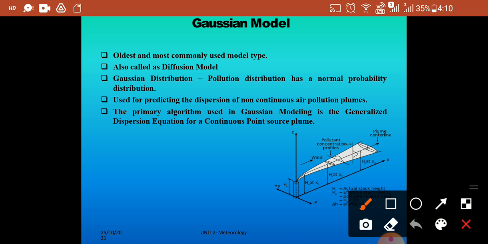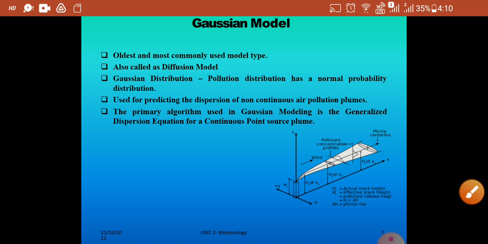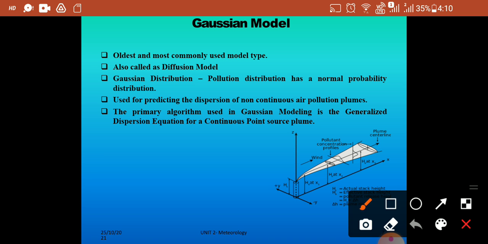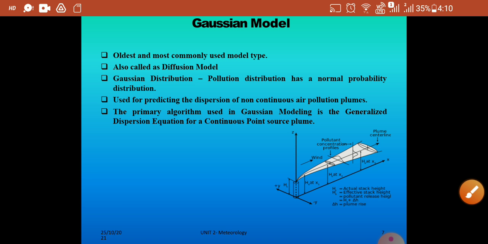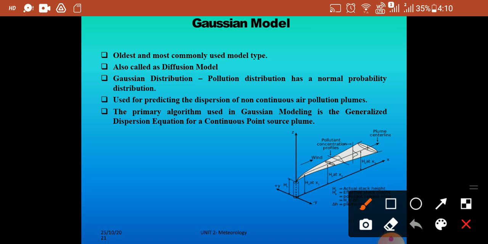This diagram represents the x-axis, y-axis and z-axis, and here h is the actual stack height. H e means effective stack height. So this is the effective stack height, this is the actual stack height, and this is the effective stack height at the points x1, x2 and x3.